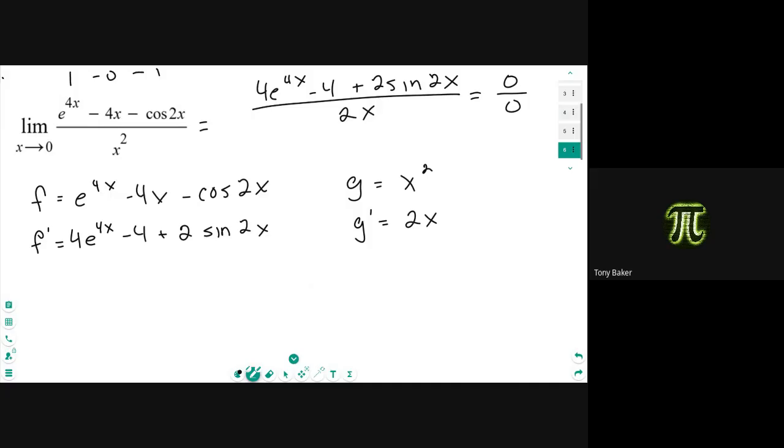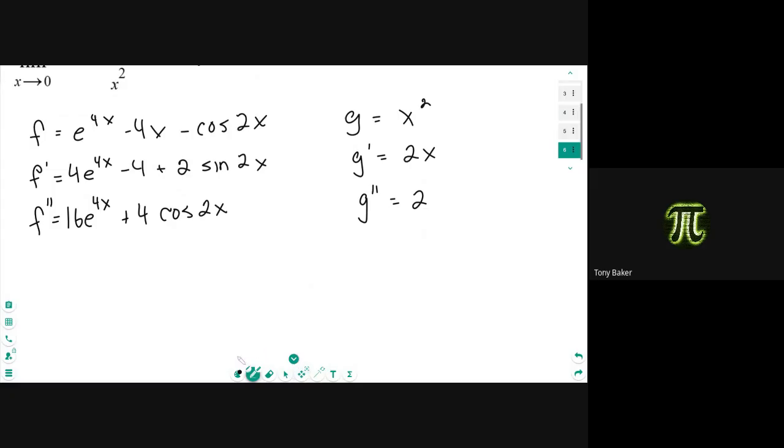So take your derivative again. 16 plus 4.